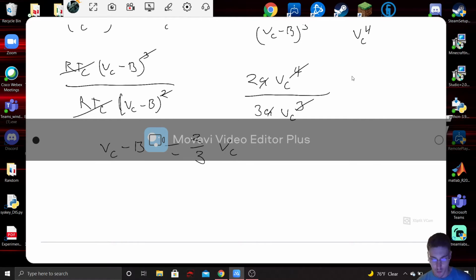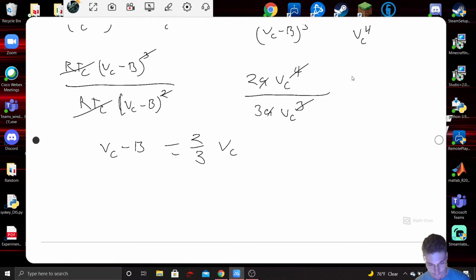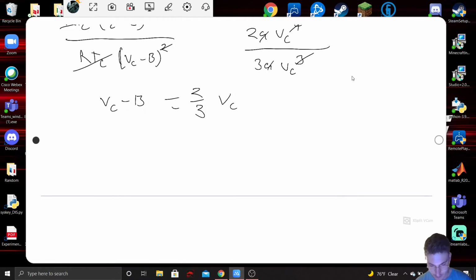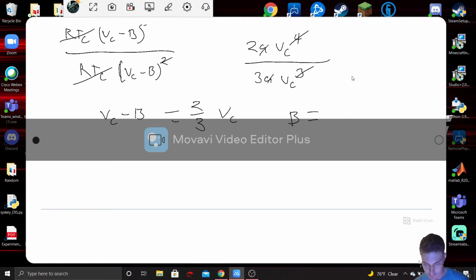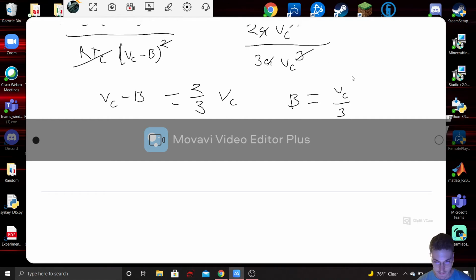And then what we can actually get is B is equal to VC over 3 after canceling everything out.